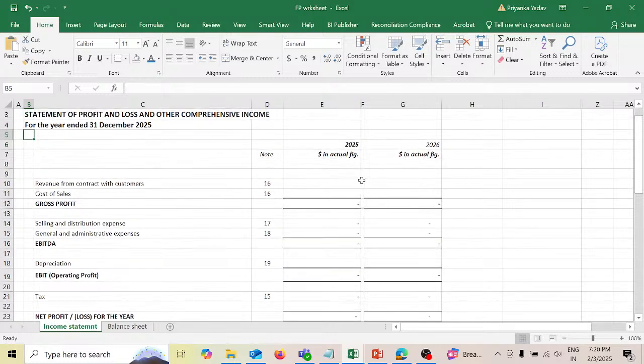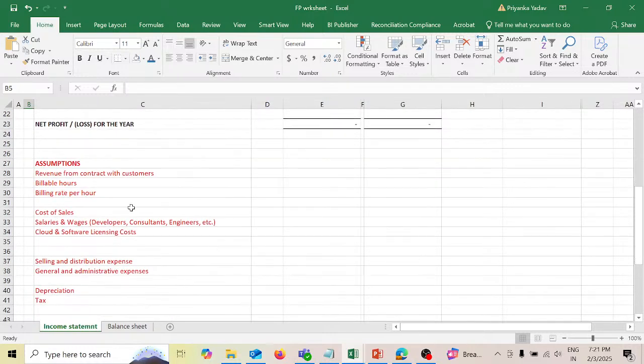We already have the balance sheet and P&L finalized for the year 2024. Here we are forecasting and planning the budgeted figures for the next 2 years. All these figures will come from assumptions.